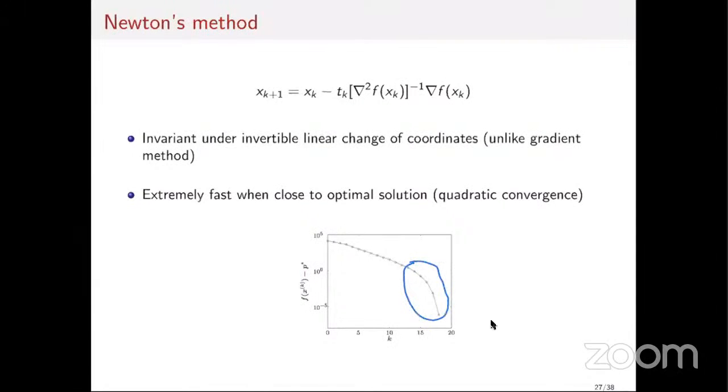Okay, so we know that if I have linear convergence, then on a log plot, I essentially have a straight line. And this means that f of xk minus f star decreases like a number gamma to the power k, where gamma is less than 1. Okay, Newton's method close to a solution converges even faster than this. I will explain what I mean exactly by quadratic convergence, but just to tell you that it's faster even than linear convergence.